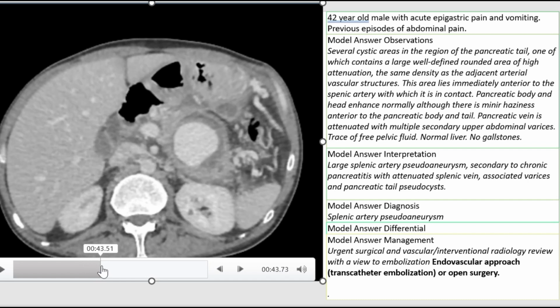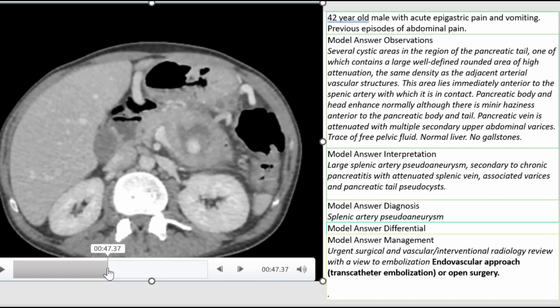Okay. What about the splenic vein? Can you see this? This is the splenic vein. The splenic vein is seen here together with the superior mesenteric vein.